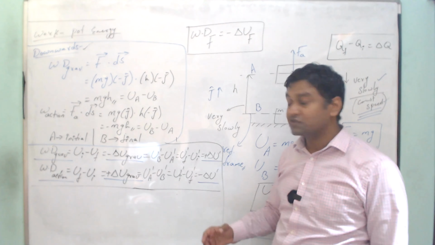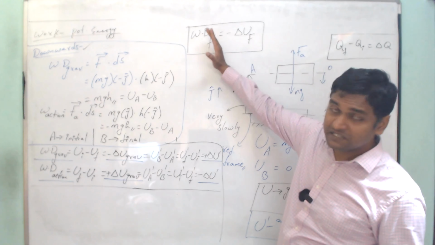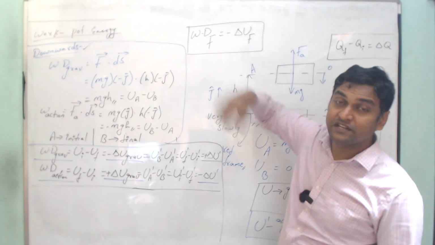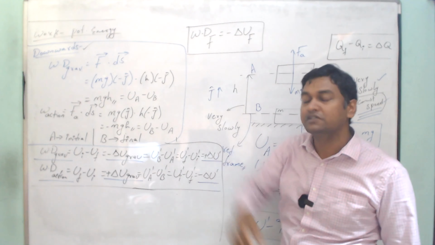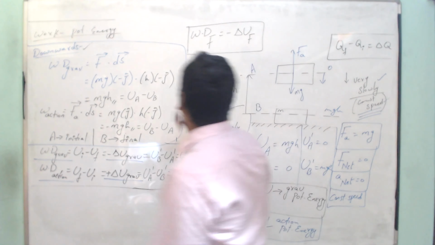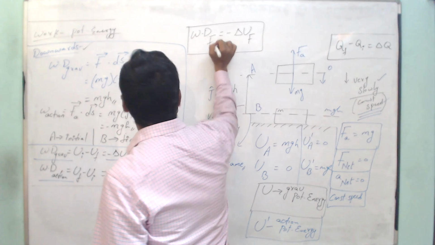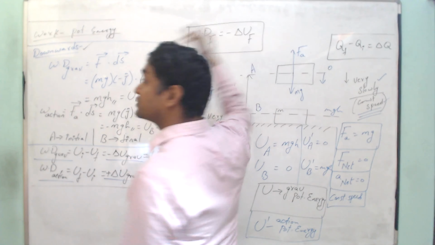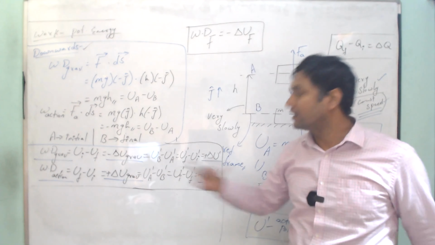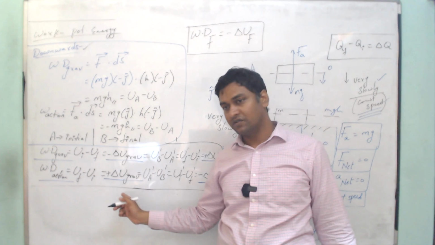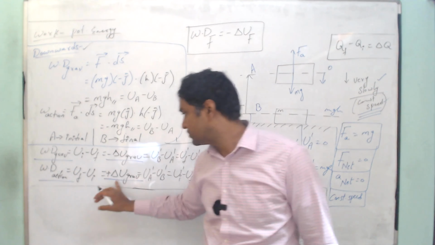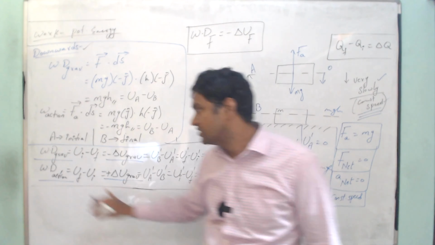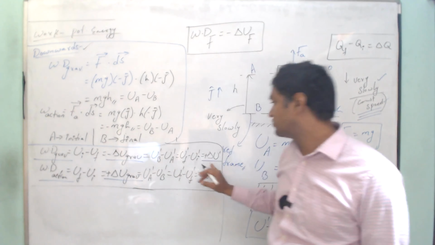So work done by the same force is negative of change in its own potential energy, but work done by some force F we can also write as positive of the other one's change. Are you getting my point? Work done by action is positive of gravitation change. Work done by gravitation is positive of action change.